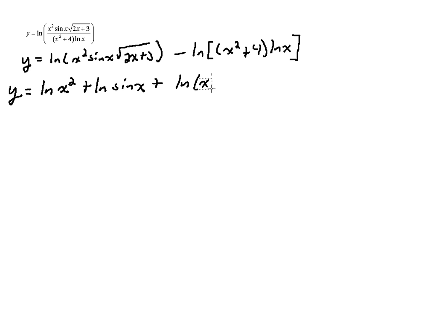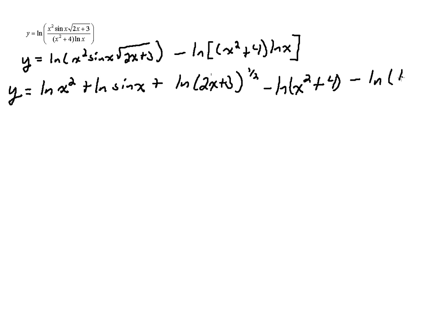So anyways, the ln of 2x plus 3 to the power of 1/2 minus the ln of x squared plus 4. Because we're distributing, it's plus inside here, the ln of x squared plus 4 plus the ln of x, but since this negative 1 is right here, we multiply through, so it's minus the ln of x.